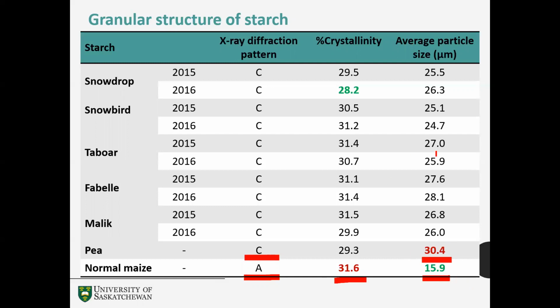One very interesting thing I want to share with you is that the 2 growing years, 2015 and 2016, did not show a significant influence on the percentage crystallinity and the average granular size of the 5 different varieties if we compare just between these 2 years.